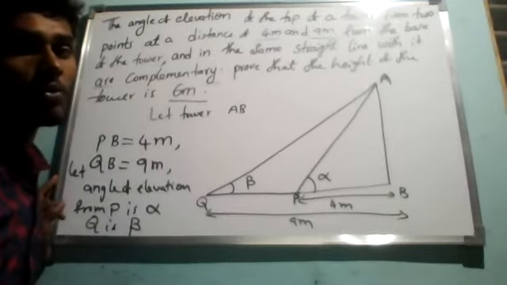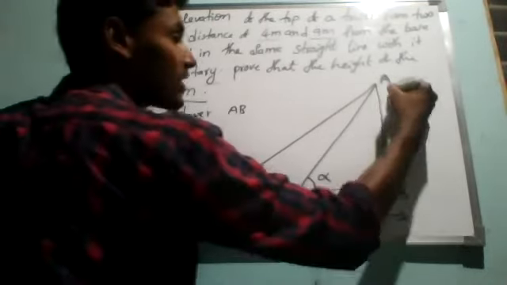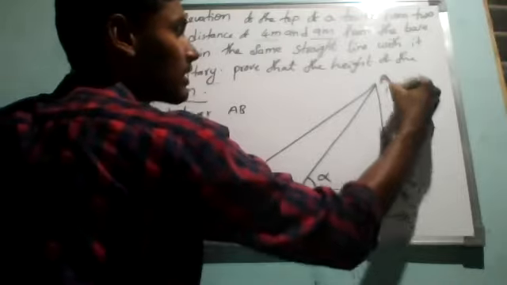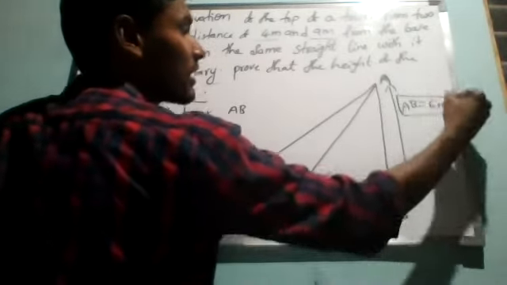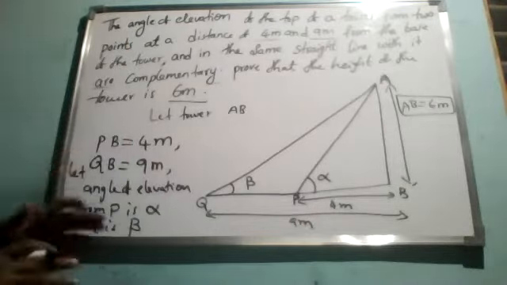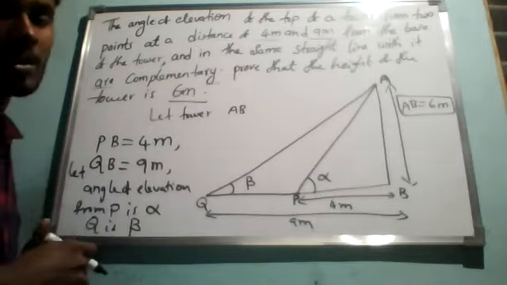And what we have to do is prove that AB, the height of the tower, equals 6 meters. They have given that the height of the tower is 6 meters, so we have to prove it by using a trigonometric application.